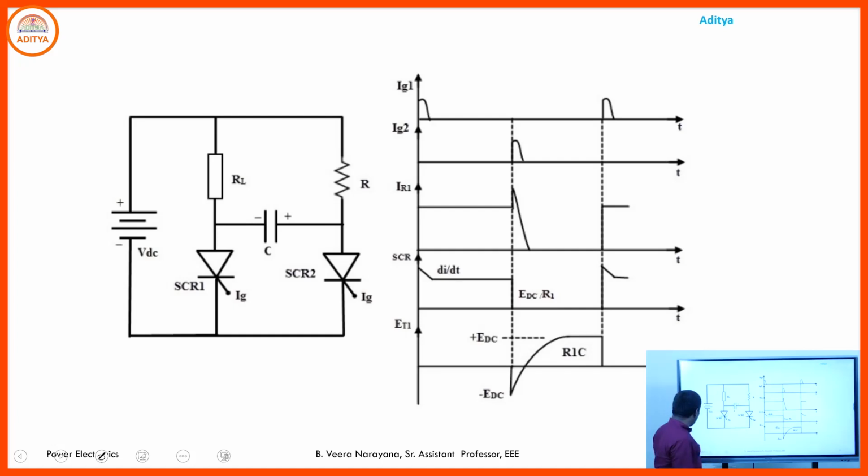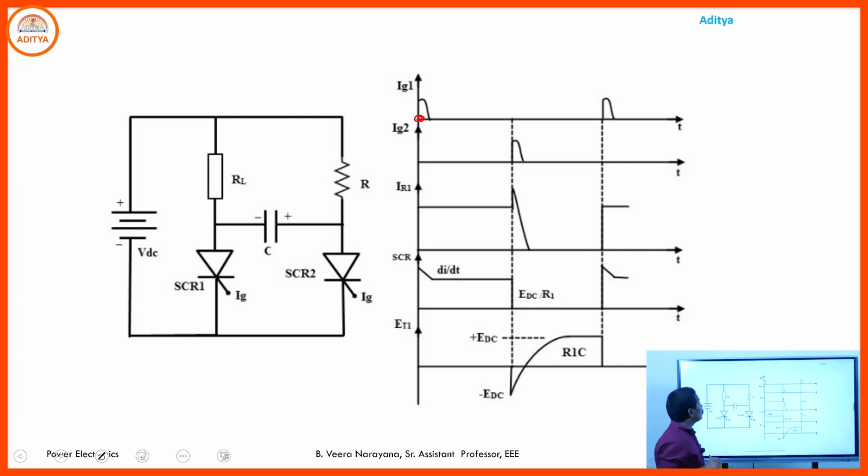Coming to the operation, initially both the thyristors are in the off state. We never provide any gate pulse to the two thyristors, and there is no charging of the capacitor and no current flow through the capacitor. So the initial voltage across the capacitor is also 0. At time t equal to 0, we provide the gate pulse Ig1 to the first thyristor.